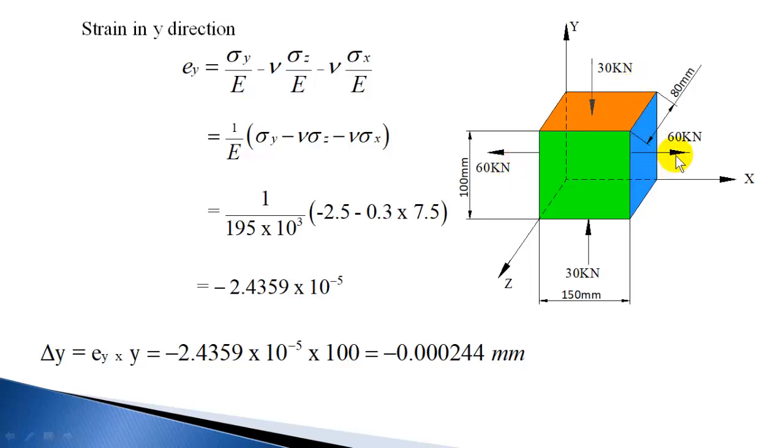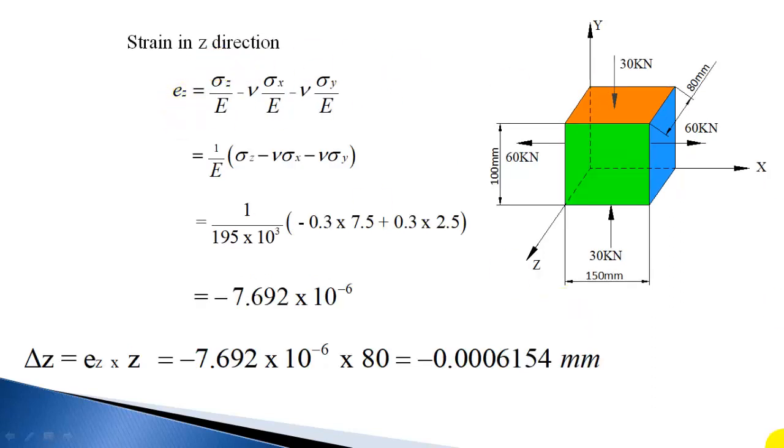The x direction load is trying to decrease the length in z direction because it's a tensile force, whereas the y direction load, 30 kilonewton compressive load, is trying to increase the length in z direction. So these two are opposite effects, and will ultimately make some positive or negative strain in z direction.